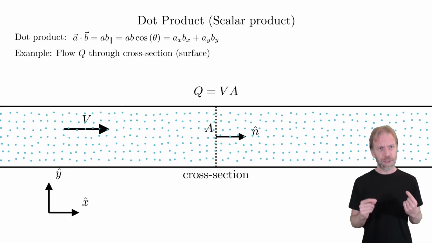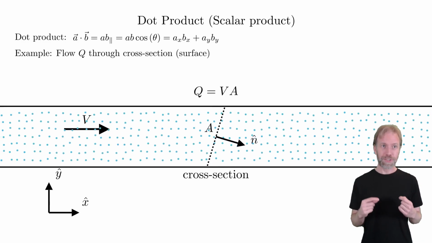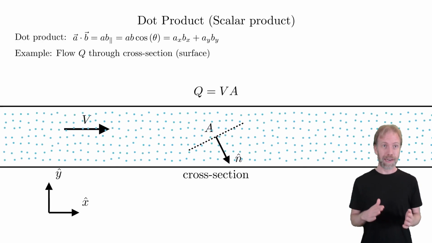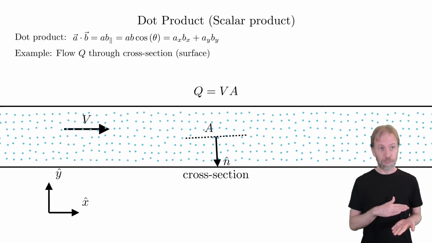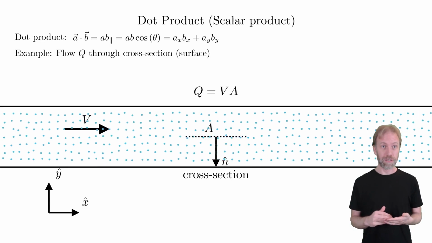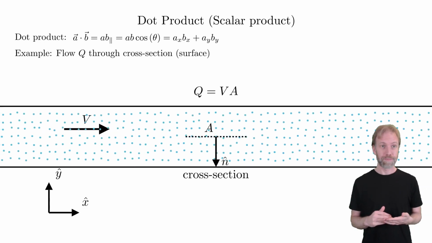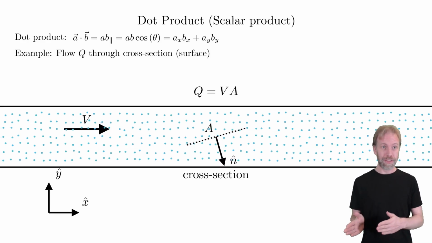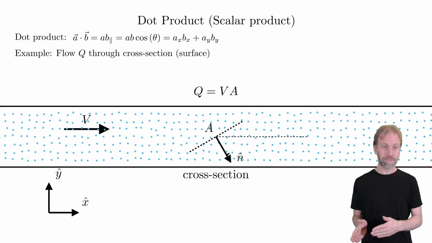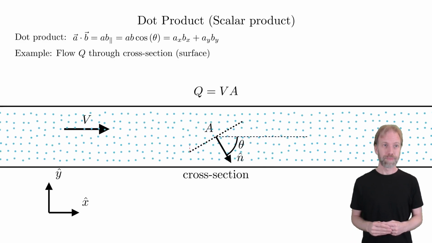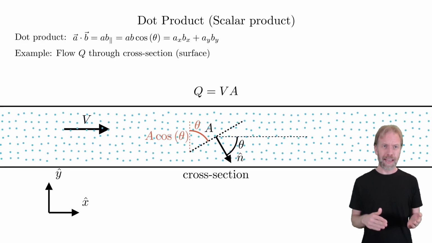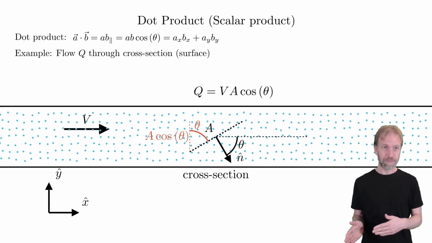However, if we rotate the cross-sectional area, we realize that the flow through it will decrease. And when it's parallel to the flow, no flow particles will pass through the cross-section. Let's rotate the cross-section back a bit and define the angle theta. From trigonometry, we can now find that the flow is vA times cosine theta.